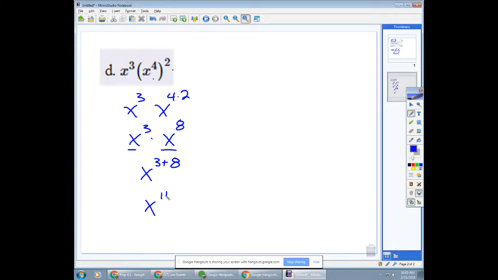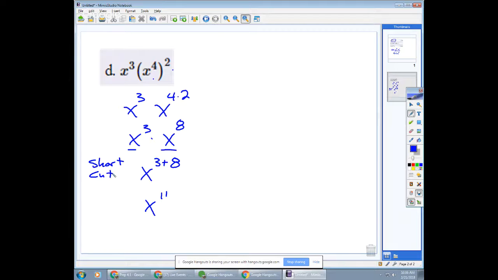I thought that it was all times. So why is it, if x cubed times x to the 8 is x to the 11, why is the 3 just plus 8, not times? Well, this is just a shortcut right here.